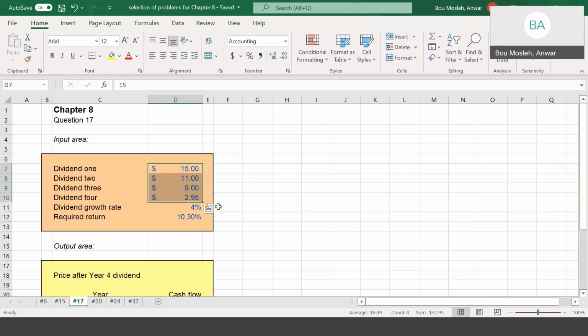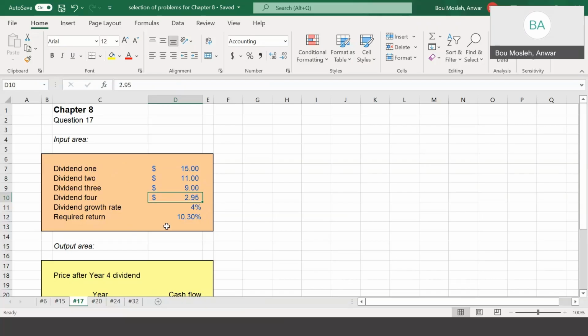Now, after this period, after 4, so 4, 5, 6, etc., the dividends are going to grow at 4% a year. So this is where, at 5, 6, 7, everything is happening at a constant growth rate. So we can say period 4 is the cutoff point.